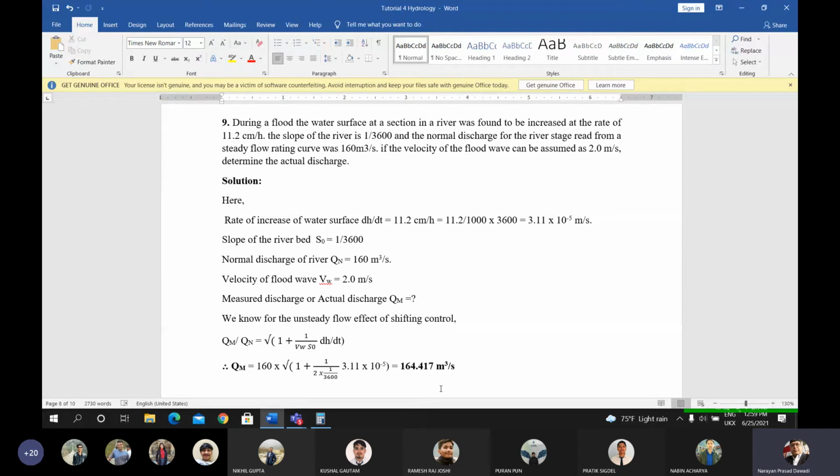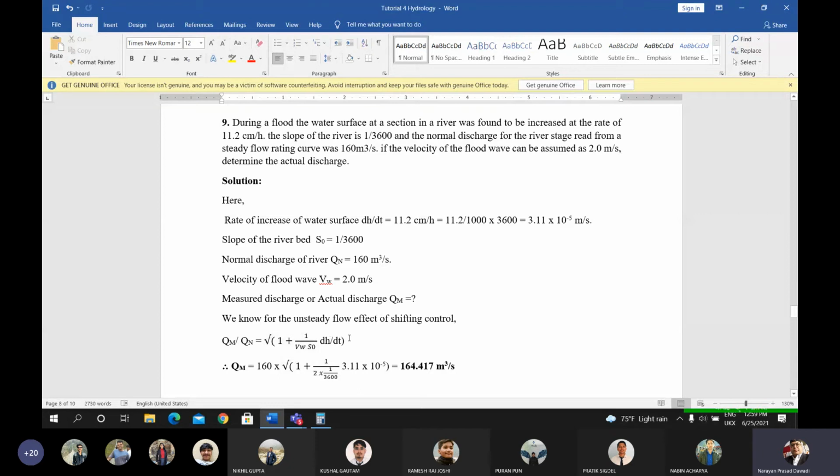For the unsteady flow effect, the ratio of Qm by Qn is equal to 1 plus 1 by Vw S naught dH by dt, under root. This formula was already studied in the previous class, so that you can measure the discharge Qm, the measured or actual discharge of flow.